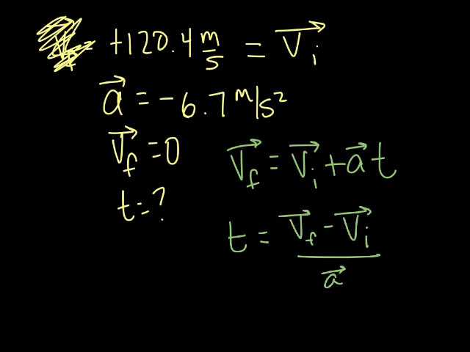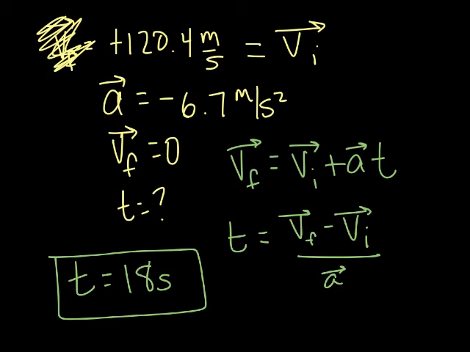When you plug those numbers in, you end up with a negative value on the top because you're subtracting that initial velocity, and then you had a negative value for the acceleration because it decelerated, it slowed down, so you had to supply that negative sign. And you should have come up with a time of 18 seconds. If you didn't remember a negative sign, when you got to the end, you should know that time's not negative, so just make it a positive value if you forget.